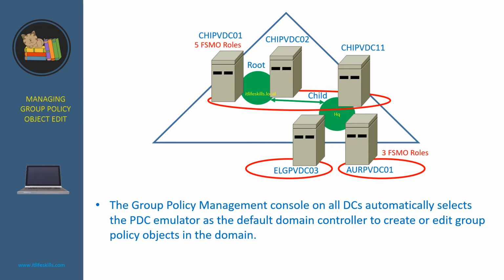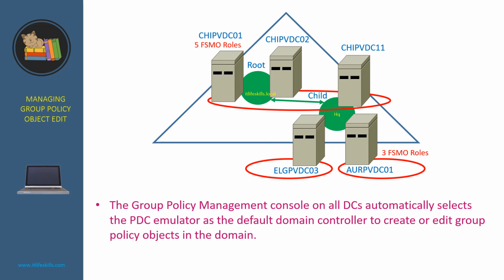Now we know that the Group Policy Management Console on all DCs automatically selects the PDC Emulator as the default domain controller to create or edit group policy objects in the domain.